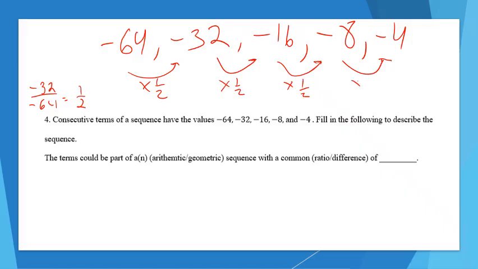Each time you go to the next number, you're basically dividing by 2 or multiplying by 1/2. So here, we're going to say these terms could be part of a geometric sequence with a common ratio, and that always pairs with geometric, and in this case, we found that that was 1/2. So that should be our answer to number 4.